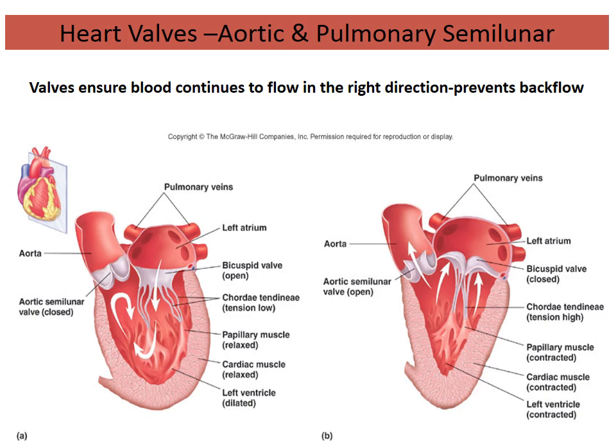The two other valves that we have in the heart are the aortic and pulmonary semilunar valves. And again, these valves will prevent the backflow of blood. If we look here at the left ventricle, this is the aortic semilunar valve. When the left ventricle is relaxed, blood is coming in from the left atrium into the left ventricle through the bicuspid valve.